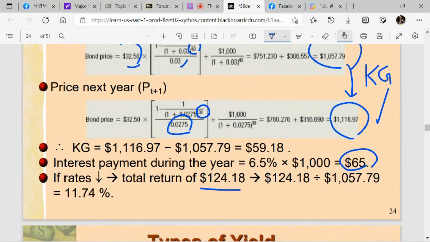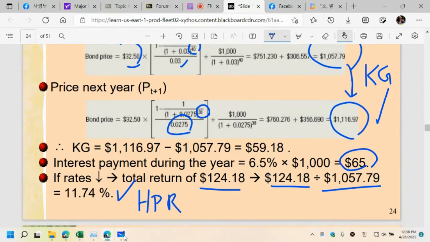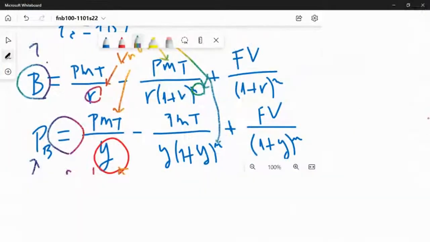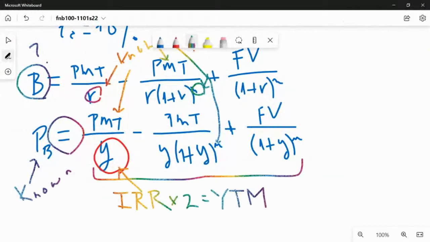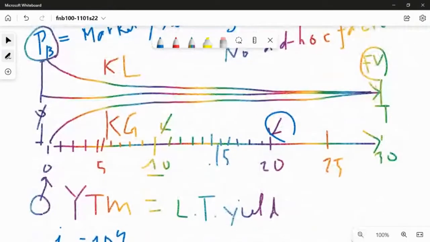And so you divide it by the price you paid, and it will be 11.74%. This is the holding period return. Now think about it. This is an interesting thing. Why? Because remember, I told you, over the life of a premium bond, the pattern is capital loss.